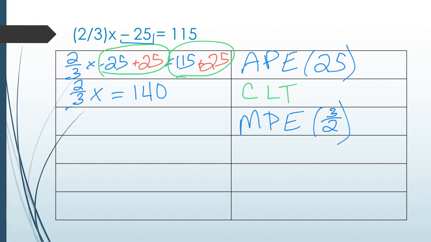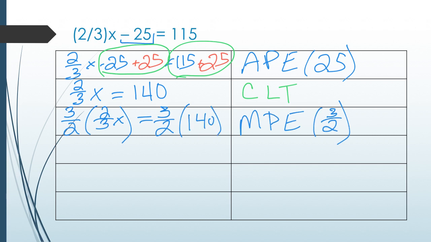So I have 3/2 times 2/3. And by the way, in case you decide you want to use the division property instead, you can, it's the exact same thing. Dividing by 2/3 is the same thing as multiplying by 3/2.